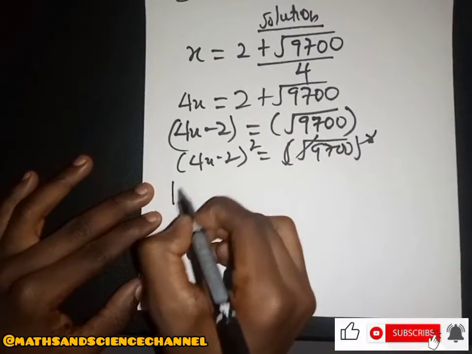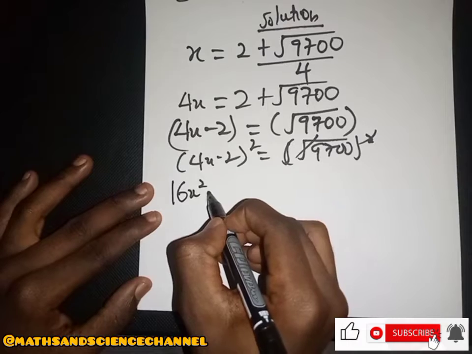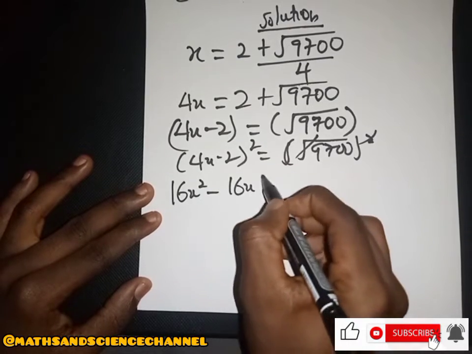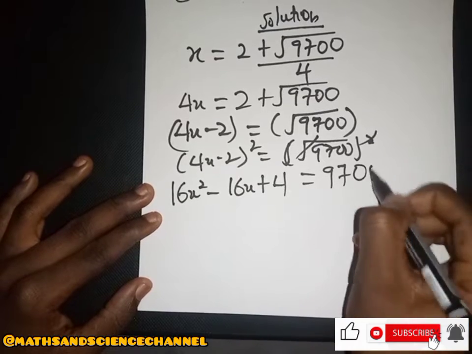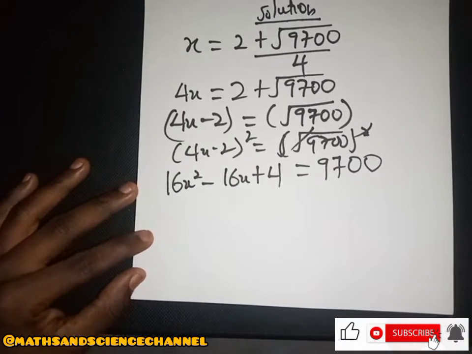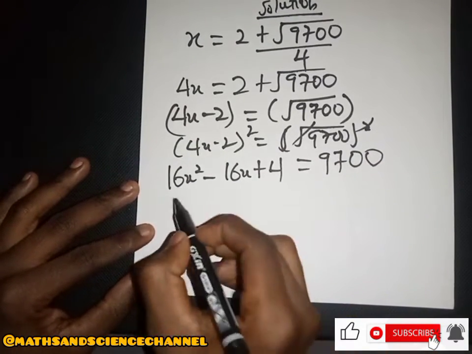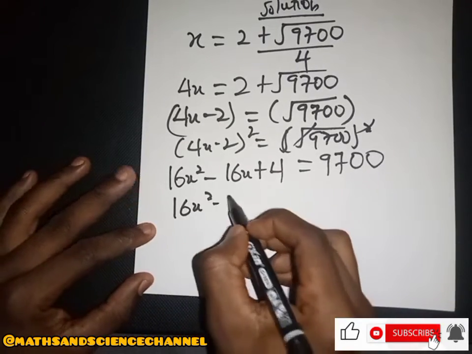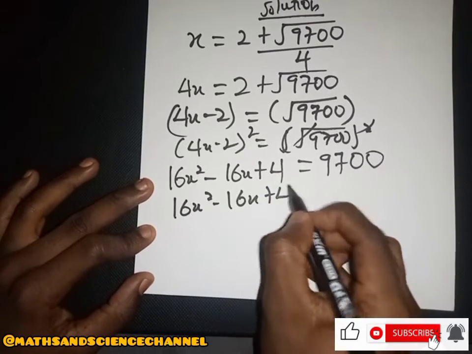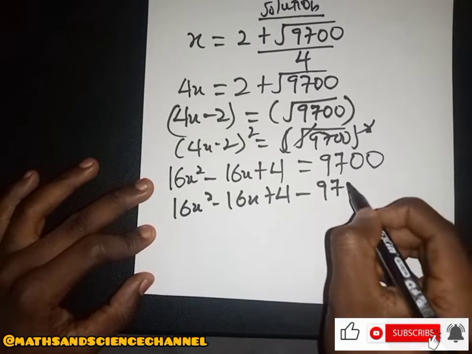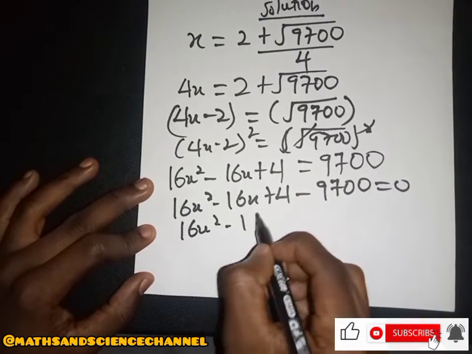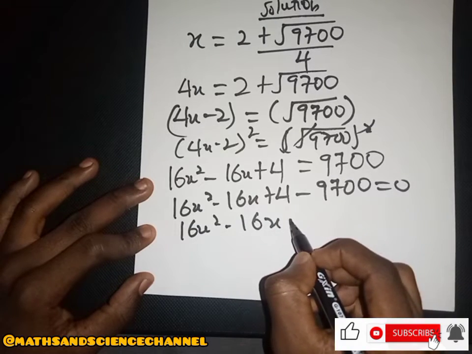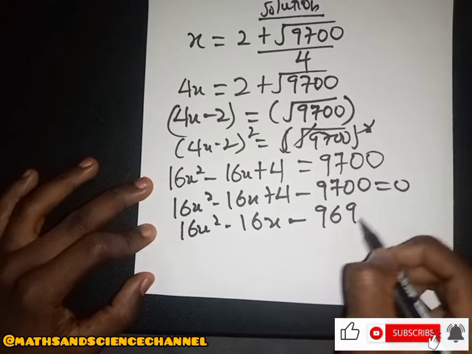Expanding this, we have 16x squared minus 16x plus 4 being equal to 9,700, right? So let's group like terms: 16x squared minus 16x plus 4 minus 9,700 being equal to 0.